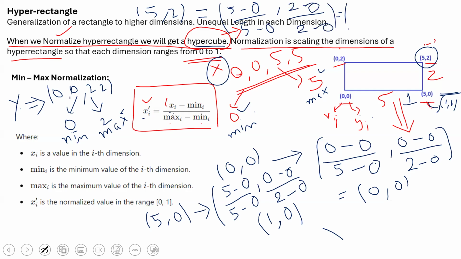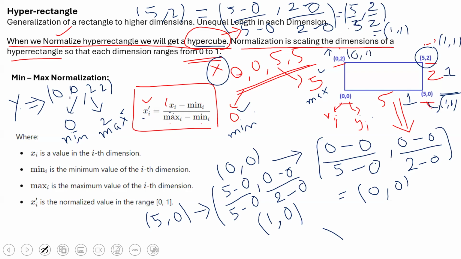So this became 5 by 5 comma 2 by 2, which became 1 comma 1. So this became 1 comma 0, this became 1 comma 1. What is the distance between these 2 points now? It is 1. Similarly, if you change this, this becomes 0 comma 1.